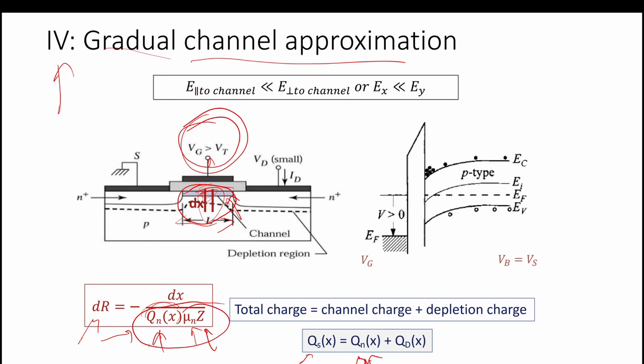Qn(x) is the inverted charge carrier density at x in the channel, and Qd is the depletion charge density, or the immobile ions. But what we are interested in is the channel charge.